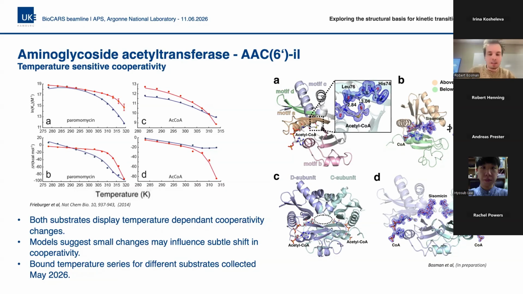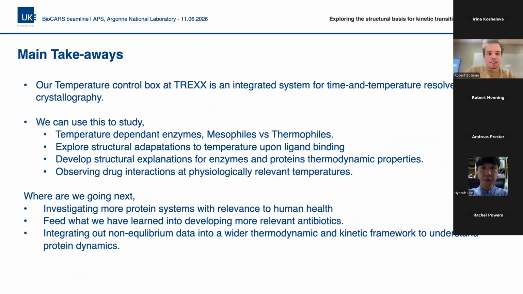So with that in mind, the main takeaways are that the temperature control box at T-Rex is a very robust and versatile system for doing time and temperature resolved serial crystallography. It really allows us to explore temperature sensitive enzymes and also, as is shown in the CTX-M14 case, systems that don't typically respond to temperature, but still we can see distinct features only available at these relevant temperatures.